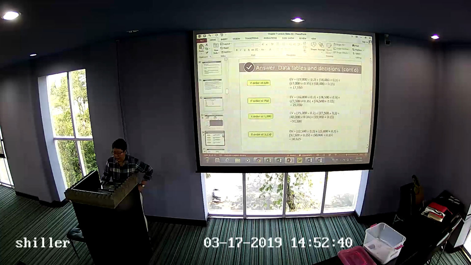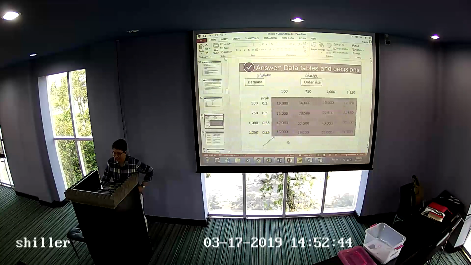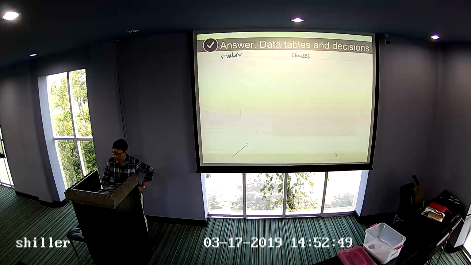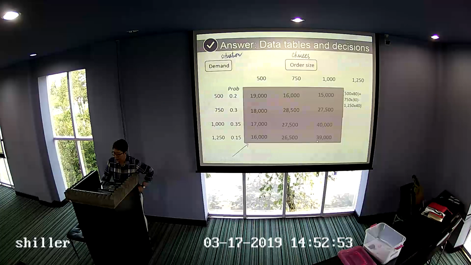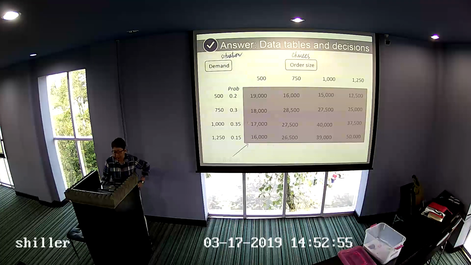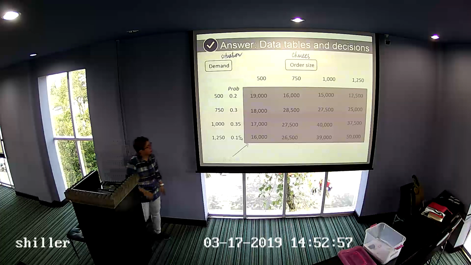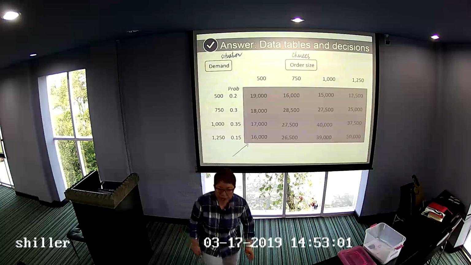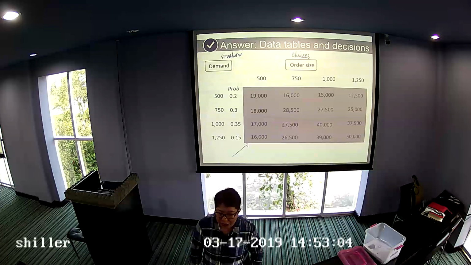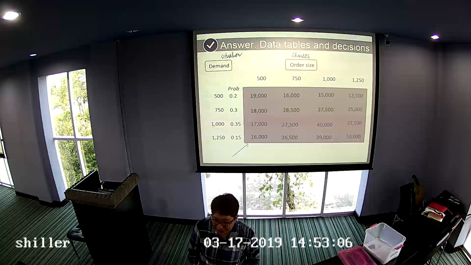Alright, now if I'm going to use the EV, you have this table now. If I'm going to use EV, which means I have to calculate the EV for each of my choices, correct?